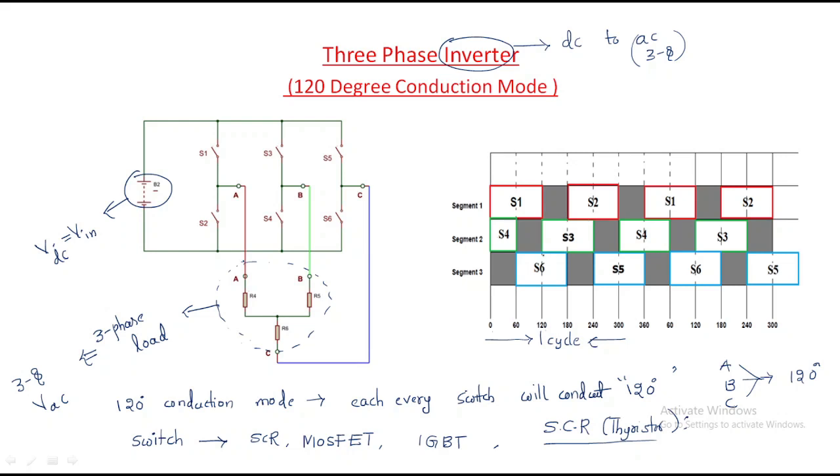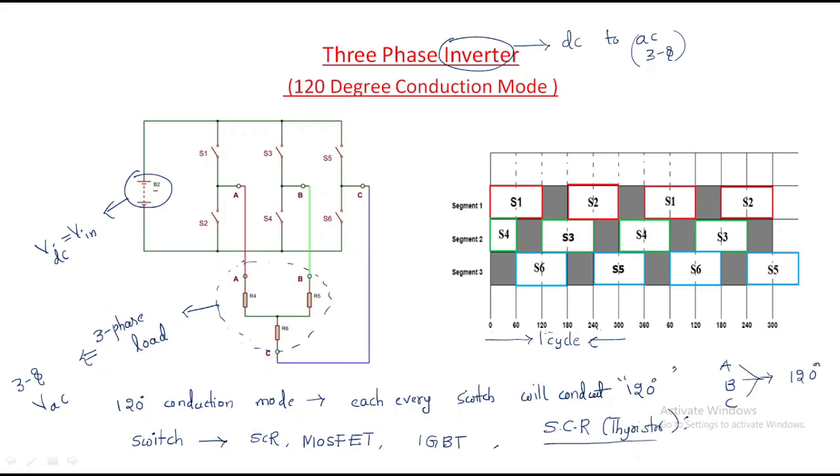Look here. S3 will conduct from 120 to 240, again only 120 degrees. After the completion of the B phase, the C phase must start. The phase difference between the B phase and the C phase is 120 degrees.